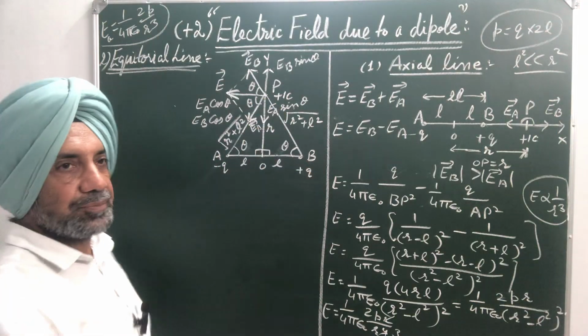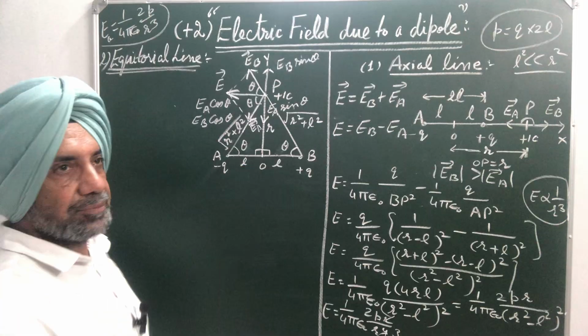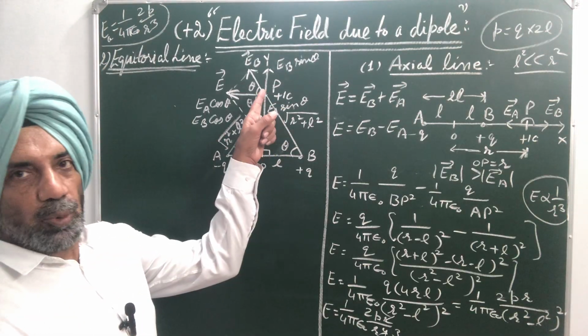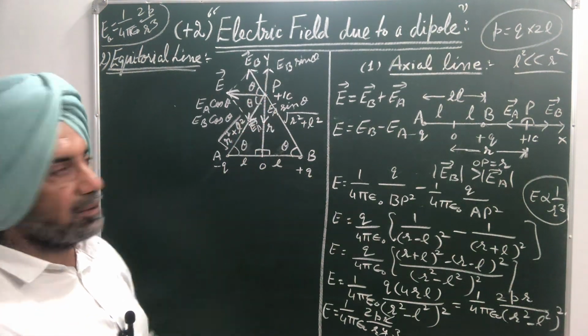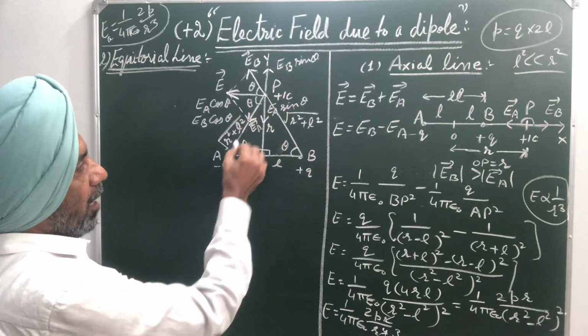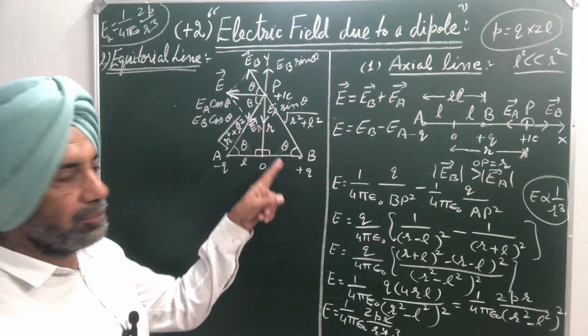Join AP, join BP. This OA is equal to OB is equal to L. Let OP be equal to R, the same distance of the point from the center of the dipole on the equatorial line. Then BP and AP will be equal to under root R square plus L square, by Pythagoras theorem.